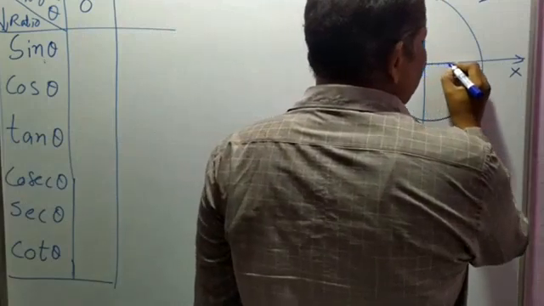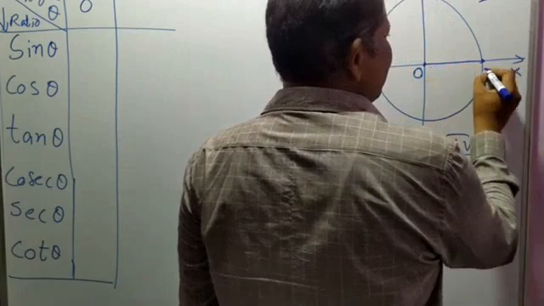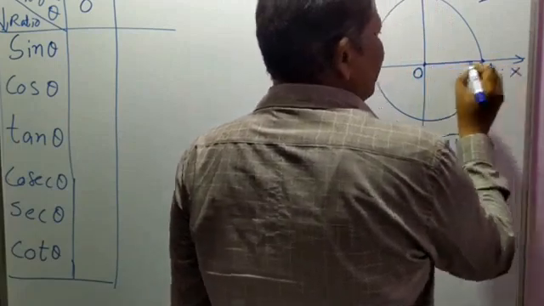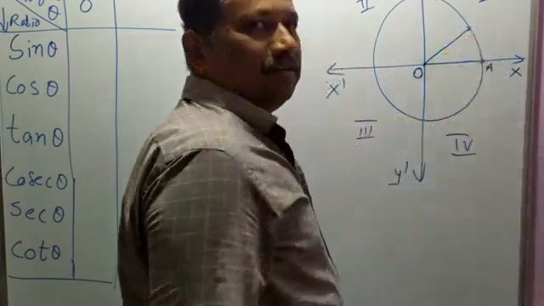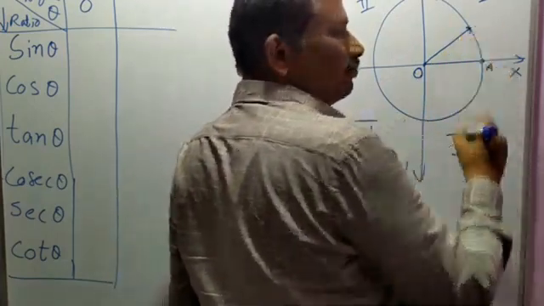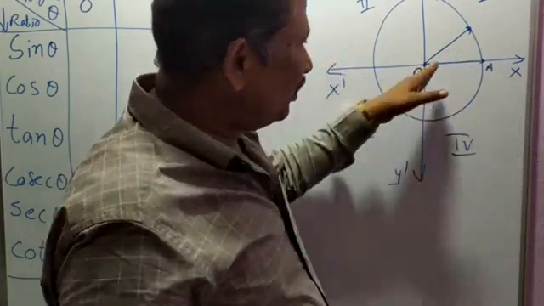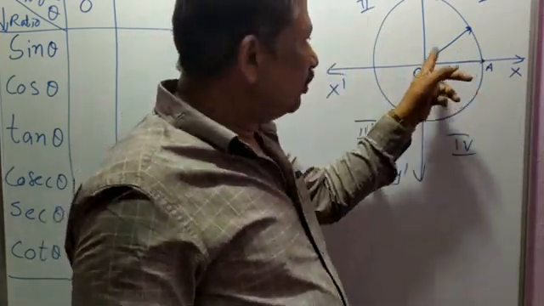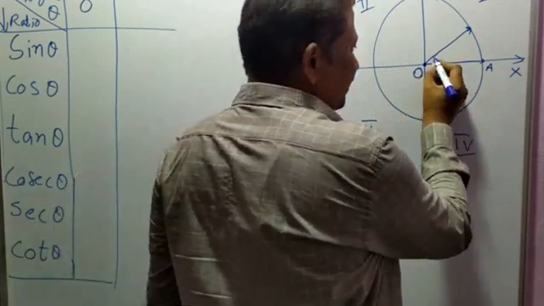First, you take 2 rays. First this ray OA, and this is a moving ray. Both end points of these 2 rays coincide at the origin, and they make a certain angle theta.